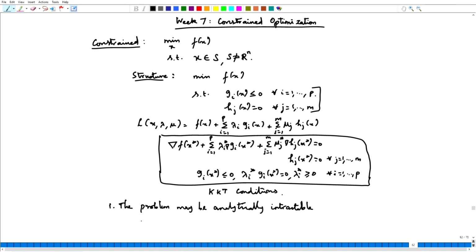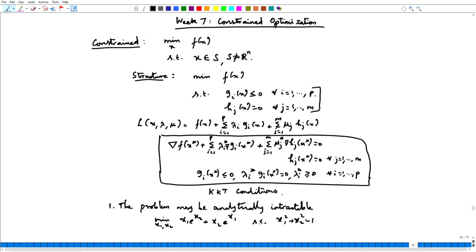As an example, let us consider the following problem: minimize x1 e power x2 plus x2 e power x1, with respect to x1, x2, subject to the condition that x1 squared plus x2 squared equals 1.